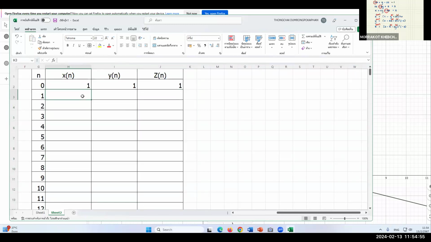I start from 1, 1, 1. Okay, 1 minus y_n plus 2 times z_n divided by 10.